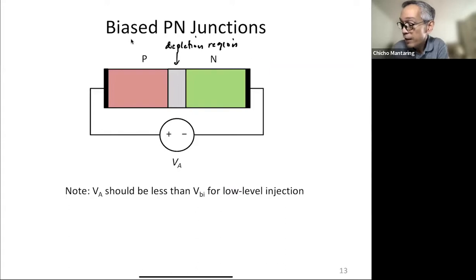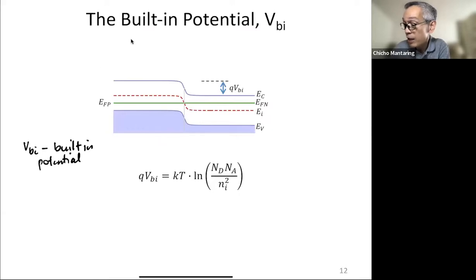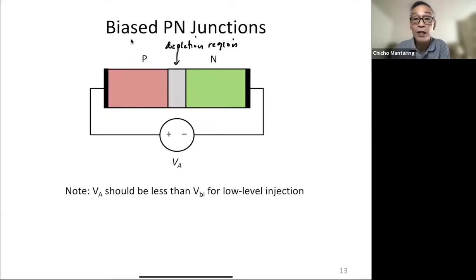The reference polarity for the applied voltage is the P side being positive with respect to the N side, and the value we apply should be lower than VBI. That is for low-level injection.